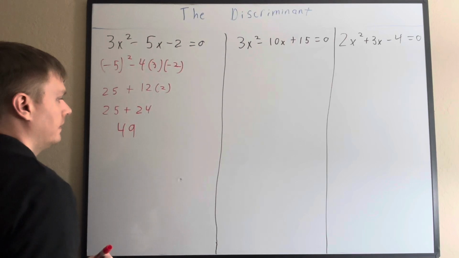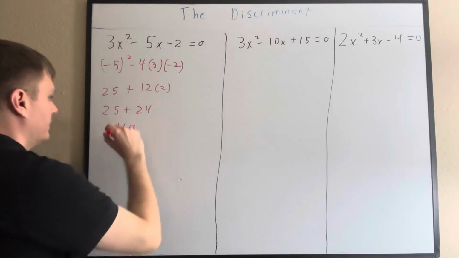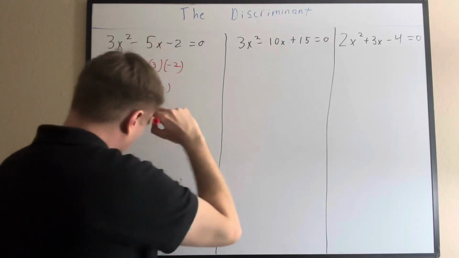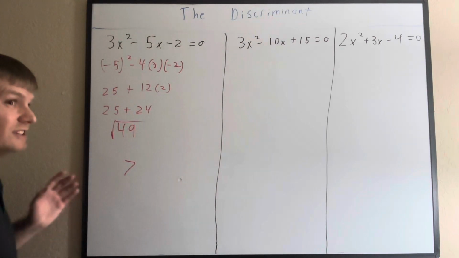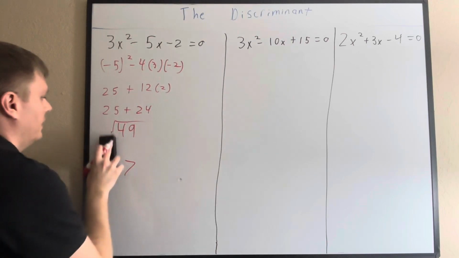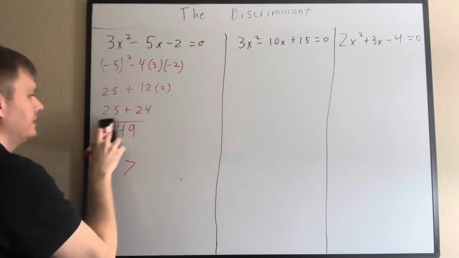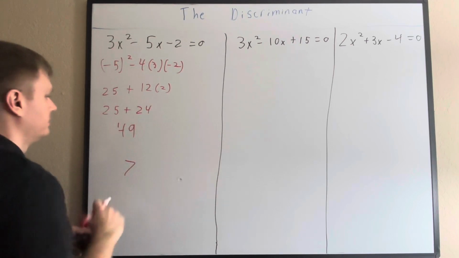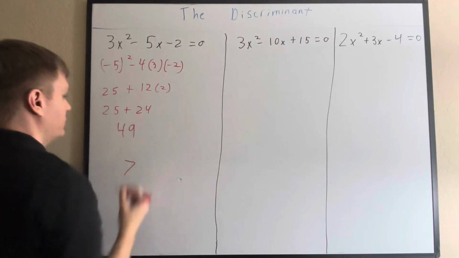That's a perfect square, isn't it? Square root of 49 is 7. So is the discriminant 49 or is it 7? I think safe to say it's 49. I want to check me on that.